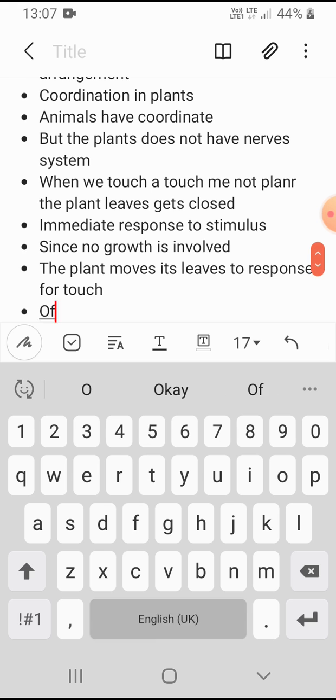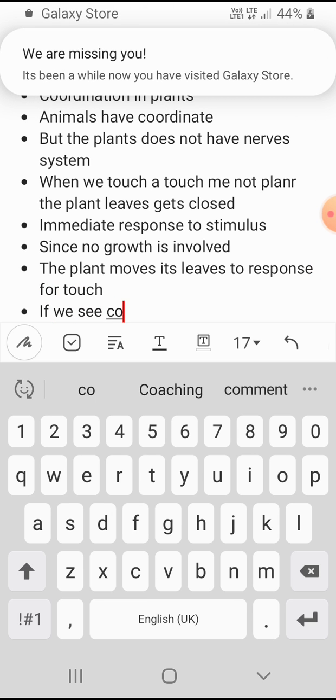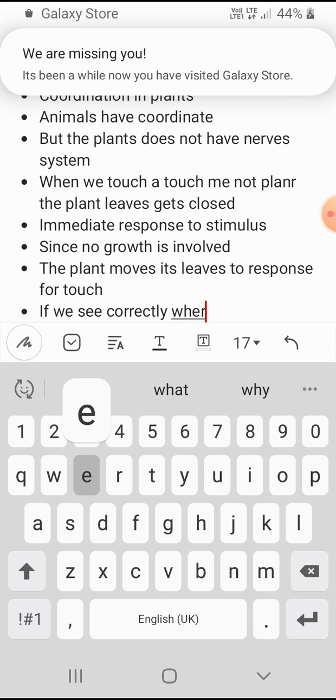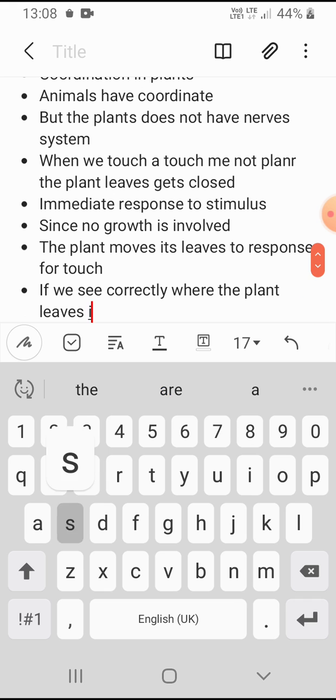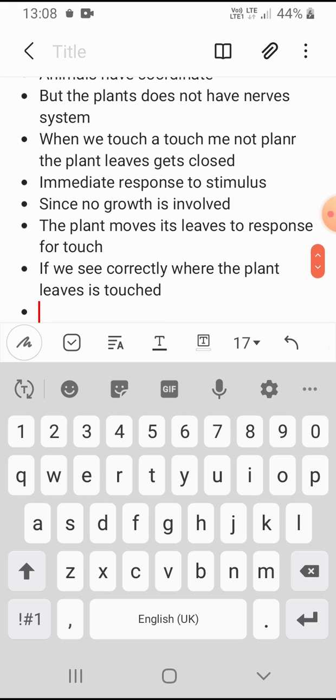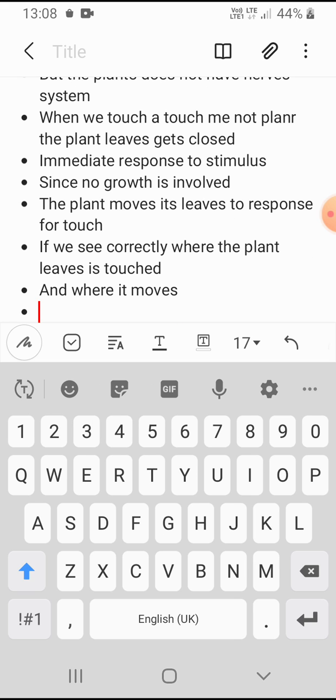If we see correctly where the plant leaf is touched and where it moves, at which part we touch the leaf and at which part the plant moves, you may see that it has some pattern.